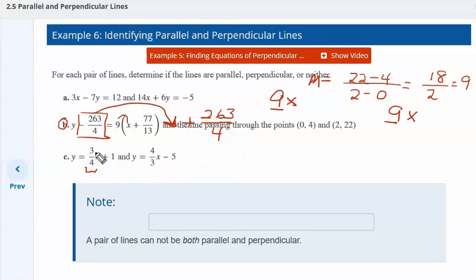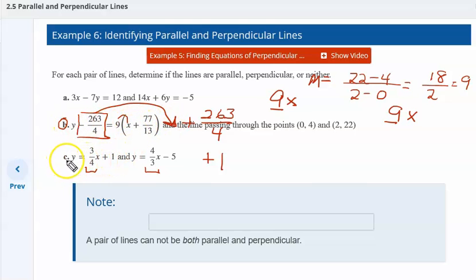Here our slope is 3/4. Here our slope is the reciprocal, 4/3, but it's not the opposite sign. So the product of these slopes would be +1, not -1. So for this one, the lines are parallel, that's B.